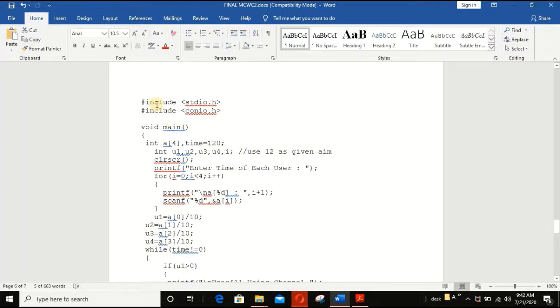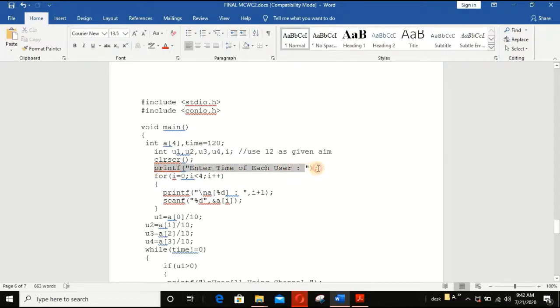This is our simple program written in the C language. We require two header files, include stdio.h and conio.h. Then here the number of users is 4, so we require the input parameter, or instead of 12 we only use 4 users here.